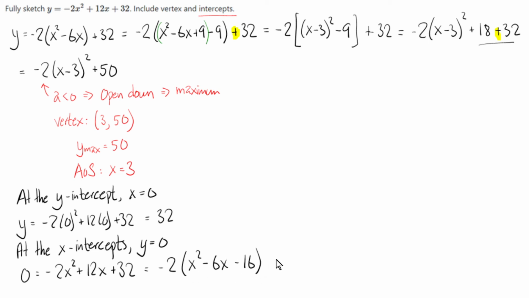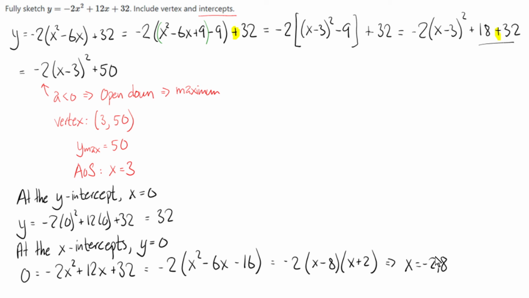We can factor this trinomial, giving us x minus 8 and x plus 2. And now we can see that the roots are going to be x equals negative 2 and 8.